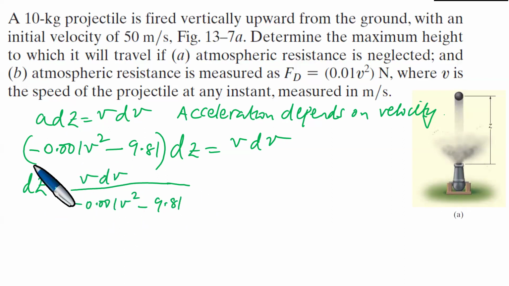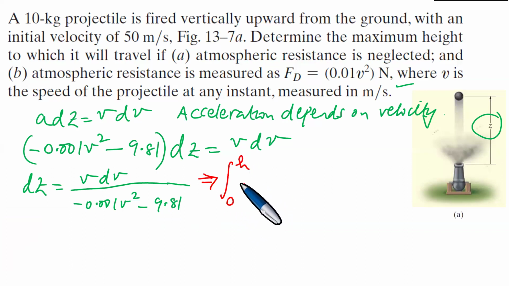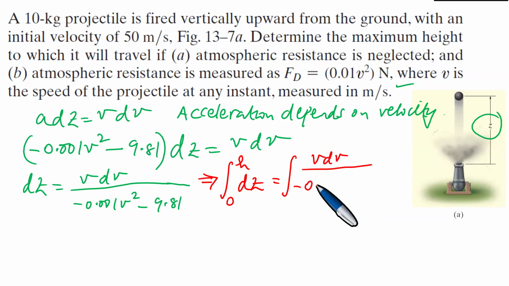With this equation associated with the drag force, the air resistance, we compute the integral from 0 to h, where h is the maximum height: the integral of V dv divided by minus 0.001 V squared minus 9.81.